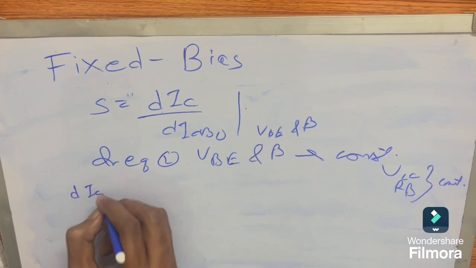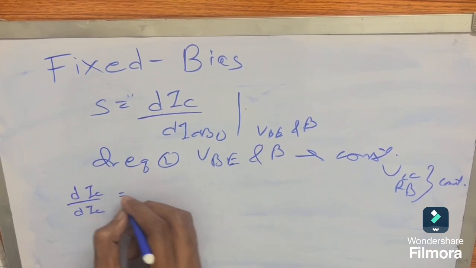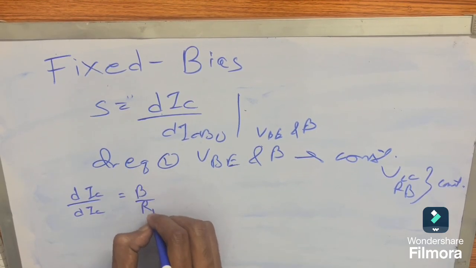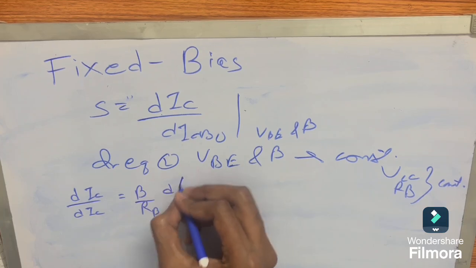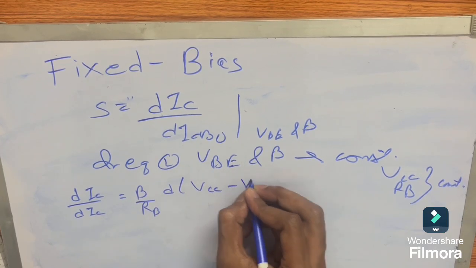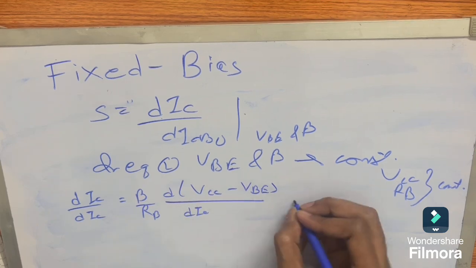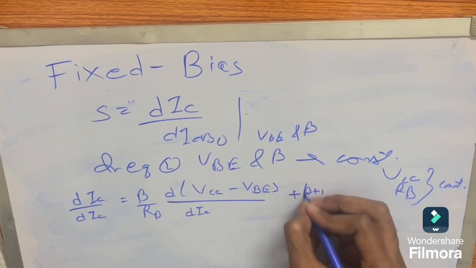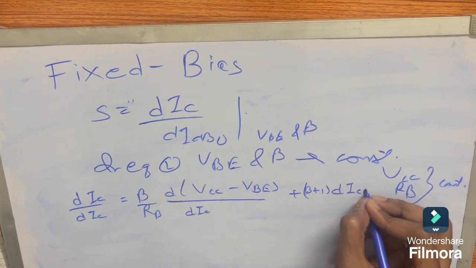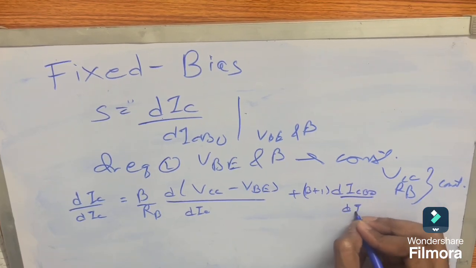So dIC by dIC equals beta by RB d(VCC minus VBE) by dIC plus (beta plus 1) dICBO by dIC.